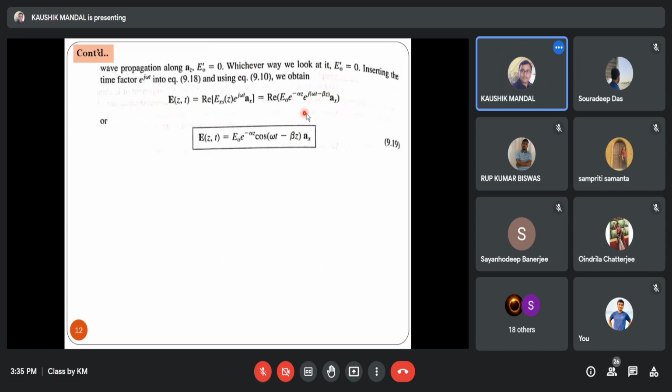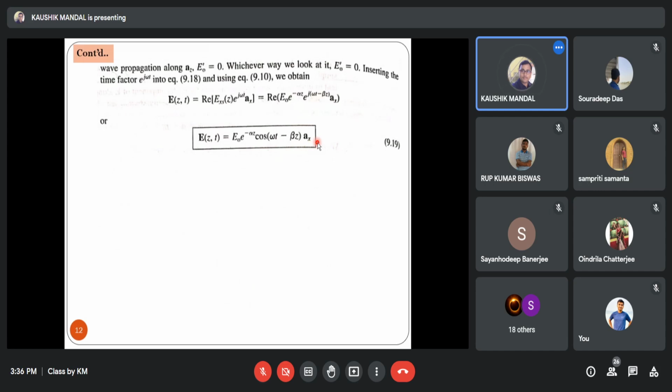So if you put α plus jβ in place of γ, the term that contains j will be e^(j(ωt - βz)). Finally, the electric field that is propagating along the z direction and varying with respect to time is E(z,t) = E0 e^(-αz) cos(ωt - βz) ax.